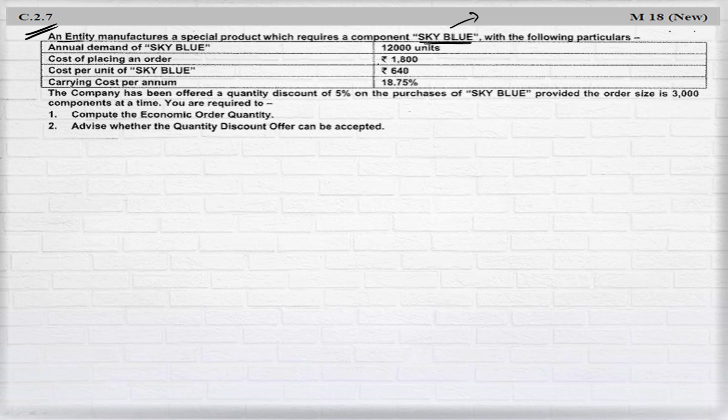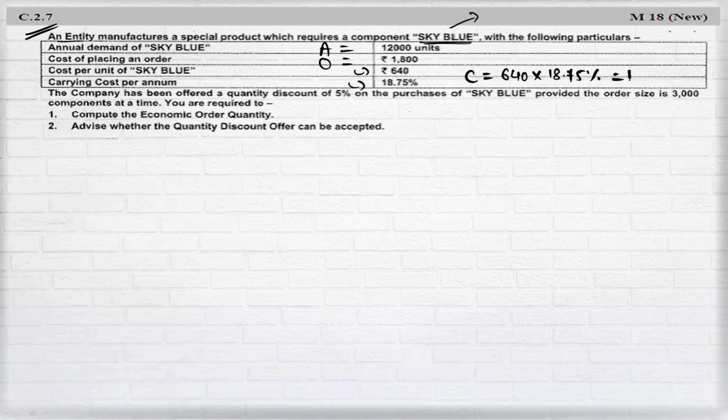Annual demand for sky blue is A. Cost of placing an order is O. Cost per unit of sky blue is 640. Carrying cost per annum is 18.75%. So C will be 640 into 18.75 percent.